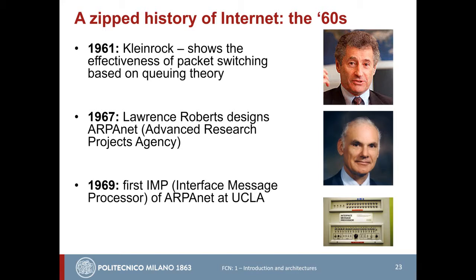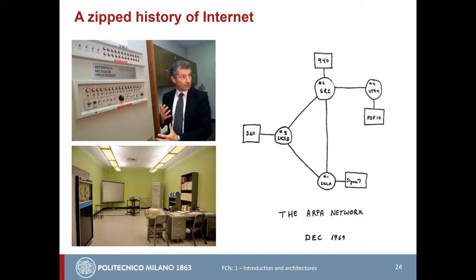At that time, it was a modified computer, and these machines were located initially in only 3 or 4 sites, which correspond to the circles that you see in the picture. This is a very famous picture showing the first implementation of ARPANET.